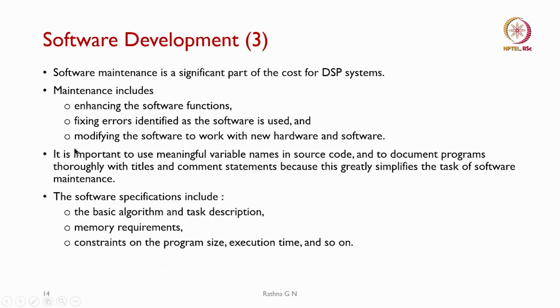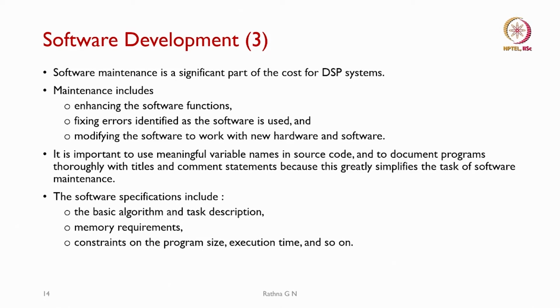Continuing with this, maintenance is a significant part of the cost of DSP systems. How are we going to do that? What are the things in maintenance? Basically, one is enhancing the software functions and fixing errors identified as the software is used. Even on your mobile, you get software updates.